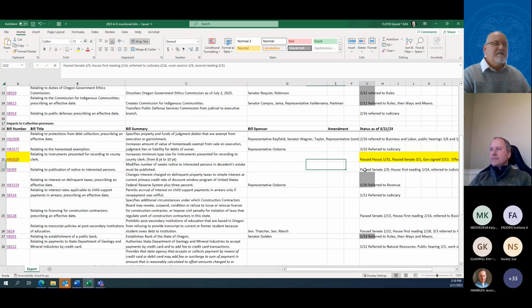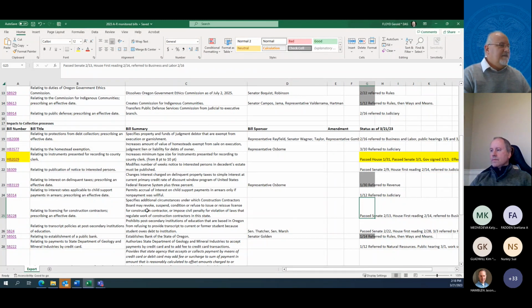The rest of these, House Bill 309 has passed the Senate and is now sitting on the House side. This changes the number of weeks notice for persons in an estate publication. Senate Bill 228 has passed the Senate as well.